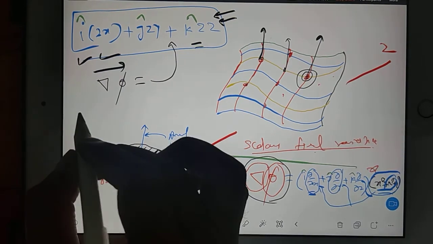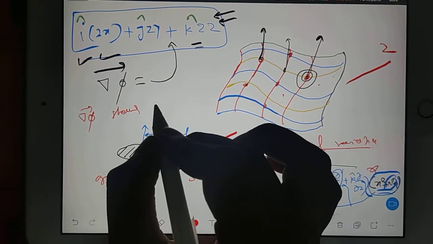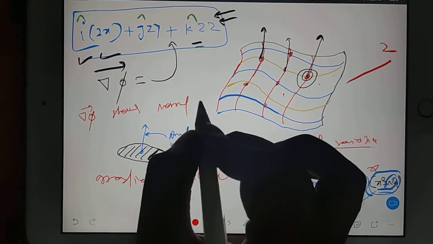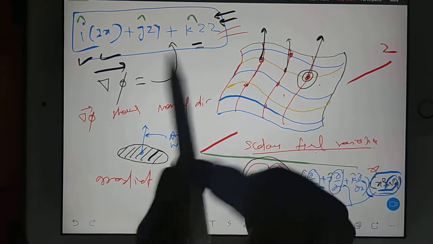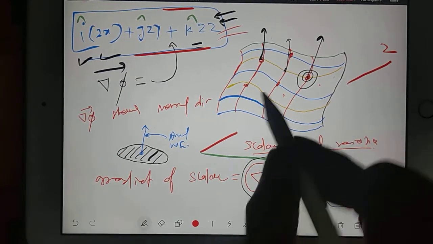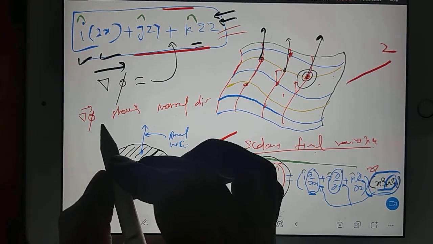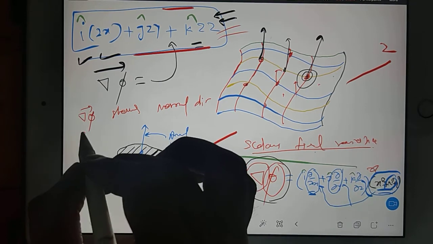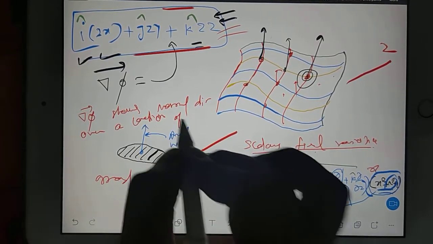You can write like this: grad phi vector shows normal direction, because finally it is a vector. Finally, in the last, we are getting a vector quantity, so it will have a direction, and that direction is perpendicular. Copy down this: grad phi shows normal direction over a location of phi.